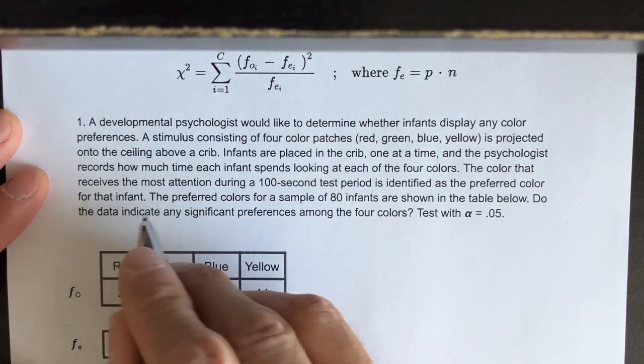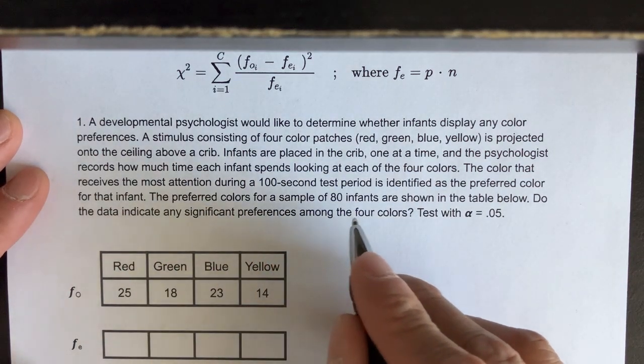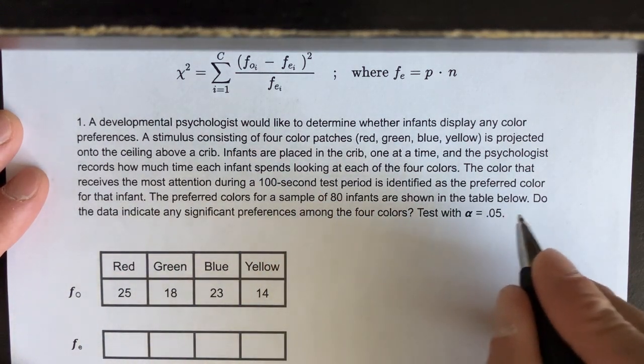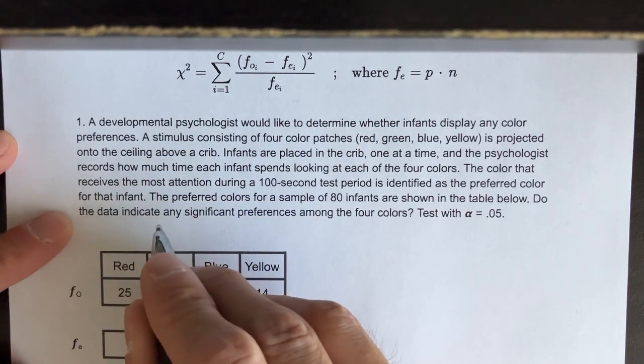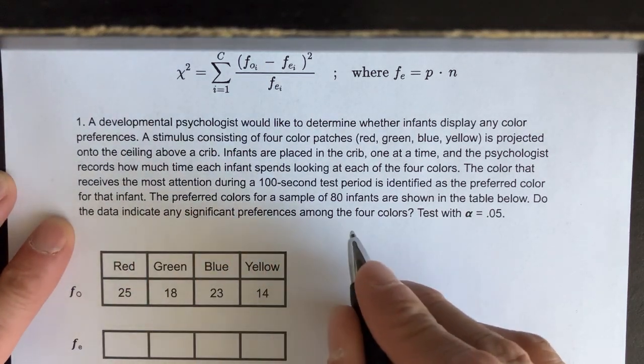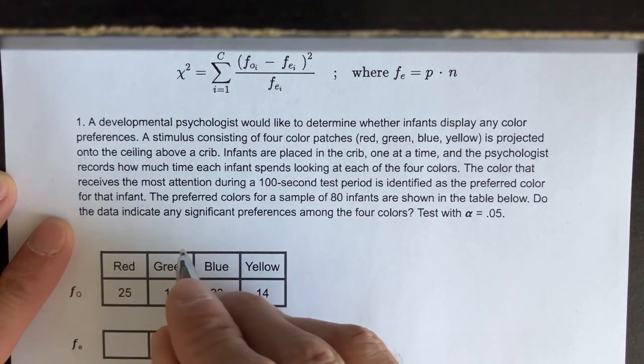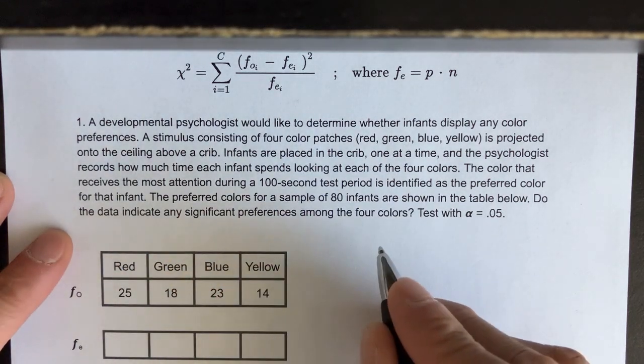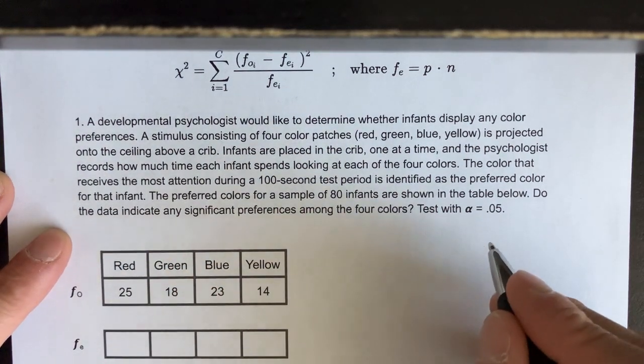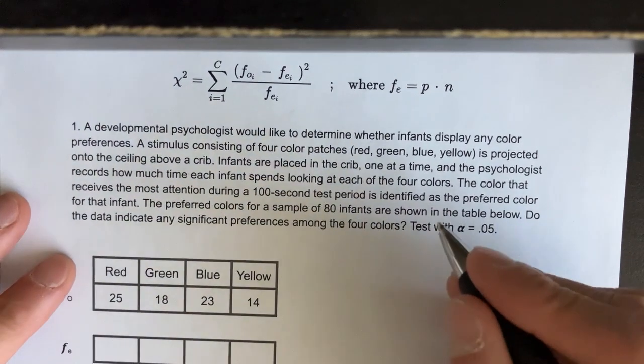The color that receives the most attention during a 100-second test period is identified as the preferred color for that infant. The preferred colors for a sample of 80 infants are shown in the table below. Do the data indicate any significant preferences among the 4 colors? Test with alpha equals 0.05.